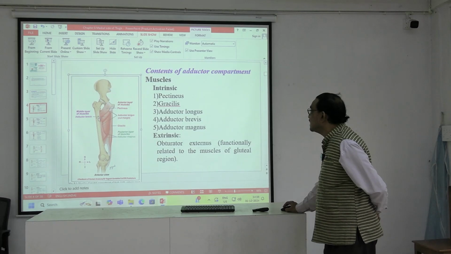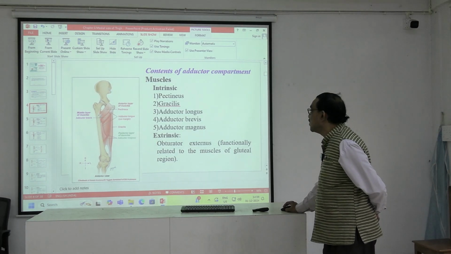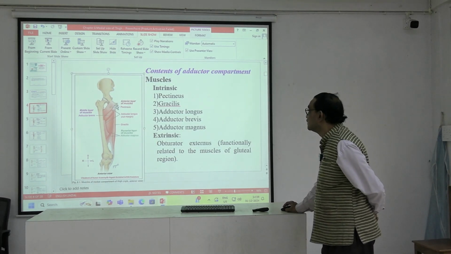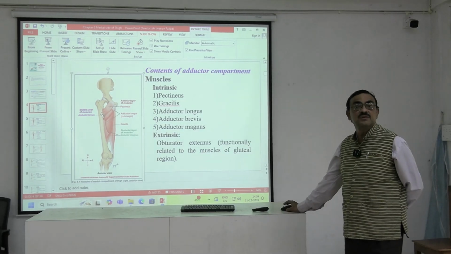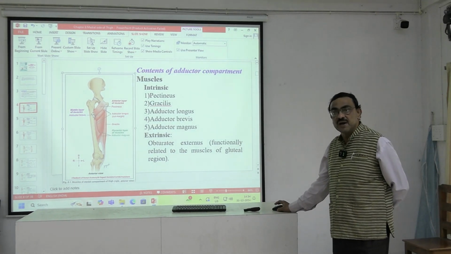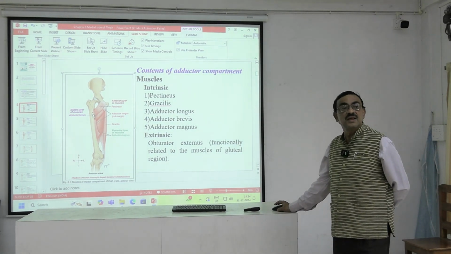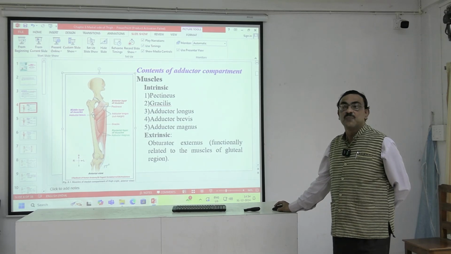Here we can see these muscles. This is the pectineus muscle, which is taking origin from the pecten pubis, okay, and it is inserted in the upper part of the linea aspera, that is in the posterior. We know in the shaft of the femur we get several borders.